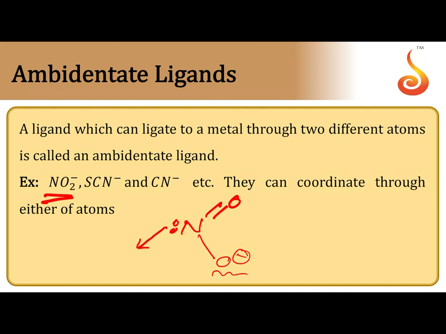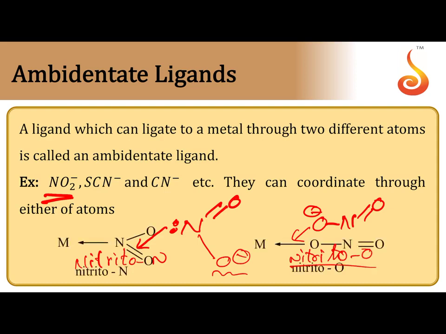It can donate either with the lone pair of the nitrogen or with the lone pair of oxygen. When it is forming a dative bond with nitrogen, this is called nitrito-N. When it is forming a dative bond with O, it is called nitrito-O.